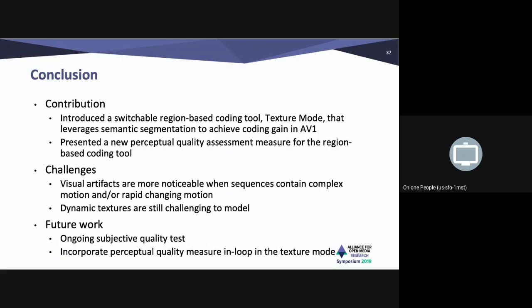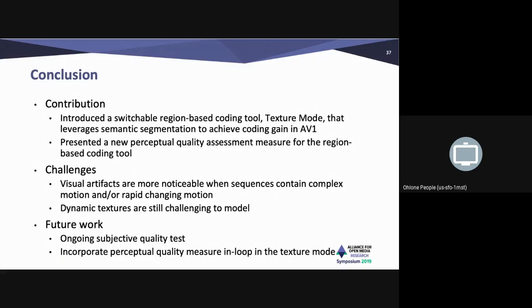As I've talked about, some of the challenges are that this may not work very well when we have more complex motion, because right now we're just using an affine type of motion parameters to represent this region, or if we're anticipating very fast, rapidly changing motions. And dynamic texture is still very challenging to model.